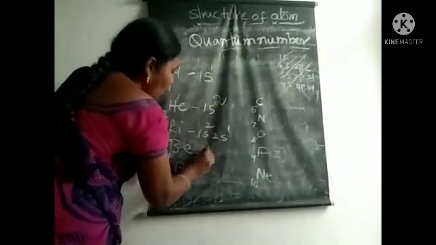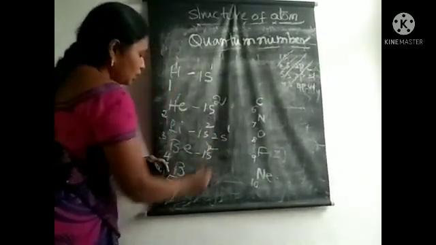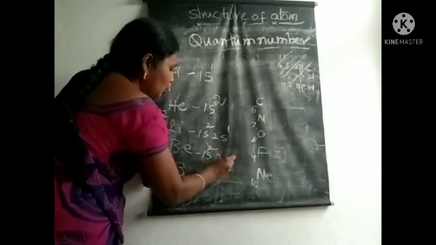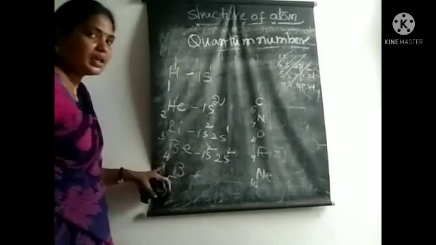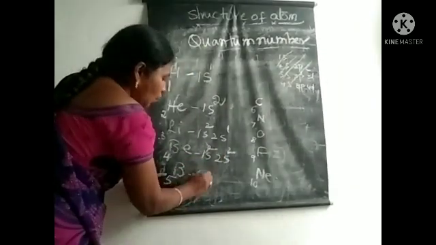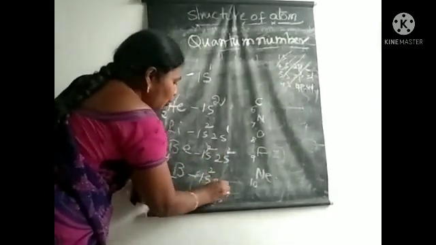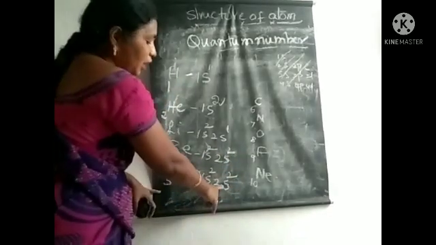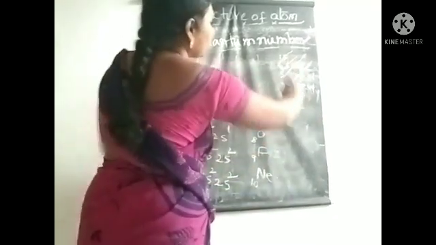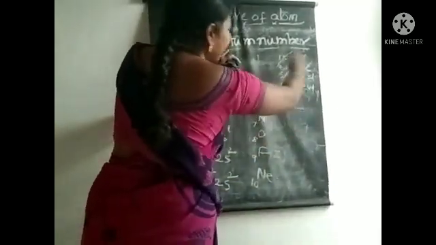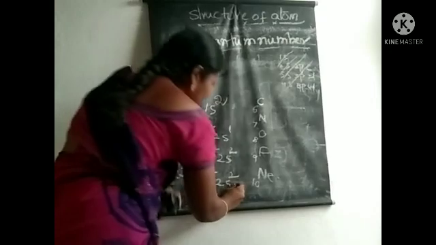Next beryllium, 1s2, 2s2, because there are 4 electrons in beryllium. The s orbitals are filled. Next boron goes to the next orbital, 1s2, 2s2, then 2p1.